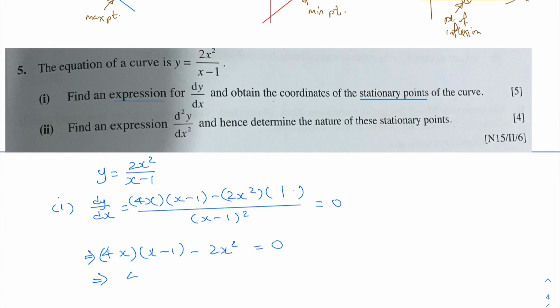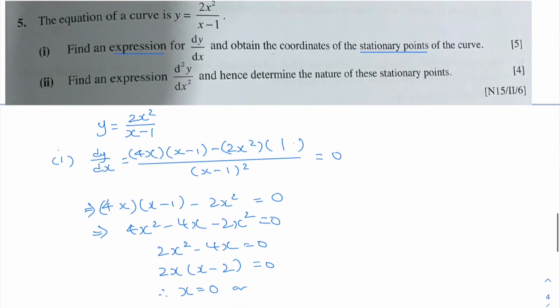And we expand out: 4x squared minus 4x minus 2x squared equals 0. So we have 2x squared minus 4x equal to 0. Factorize: 2x(x minus 2). Therefore x is equal to 0 or 2.